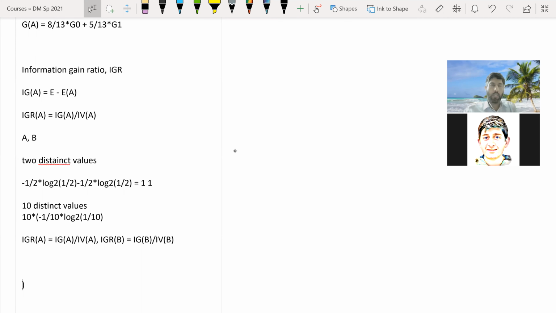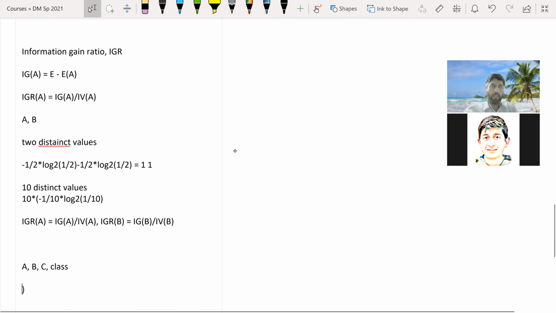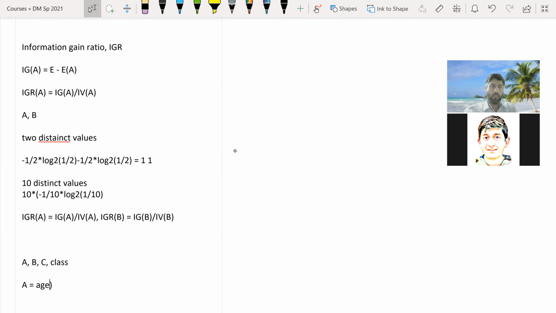Okay, so so far I had discussed a classification problem in which all the attributes A, B, C were categorical or discrete. So decision trees can also be built when some of the attributes are continuous or numbers. For example, A, B, C, and class are. So let's say A is, for example, age, which is of course a number.